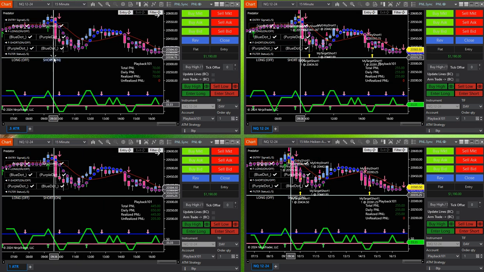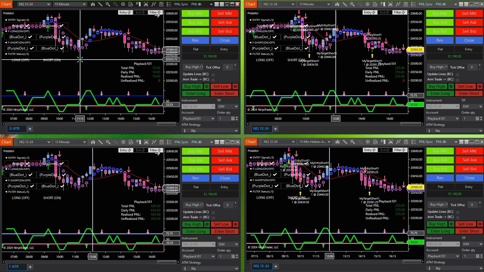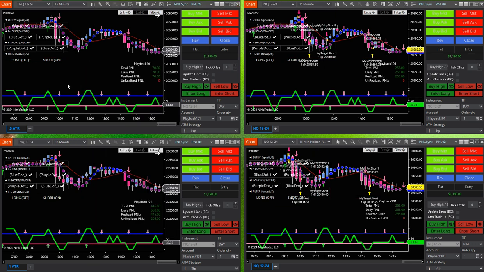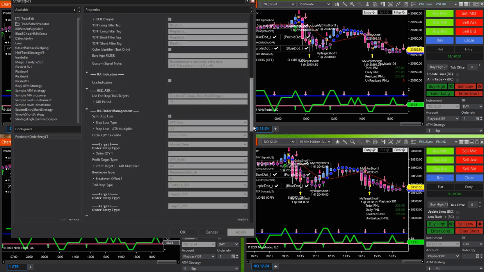The only difference here, let me right click here and show you the strategy. So I am using the Predator. The Predator is basically my trade management program that I use. It enters and exits the trade based on a specific condition that I give. So you can see I have the strategy enabled. That's why it's kind of grayed out.